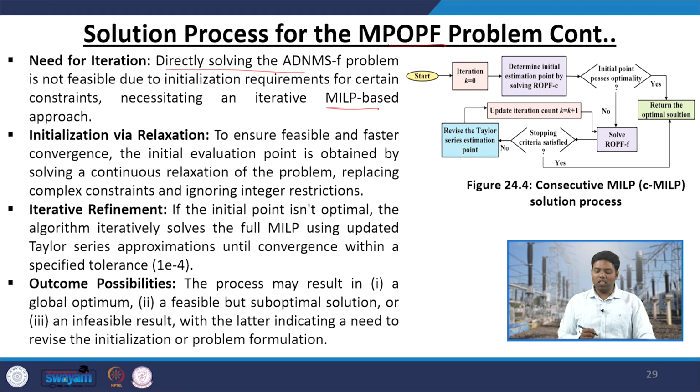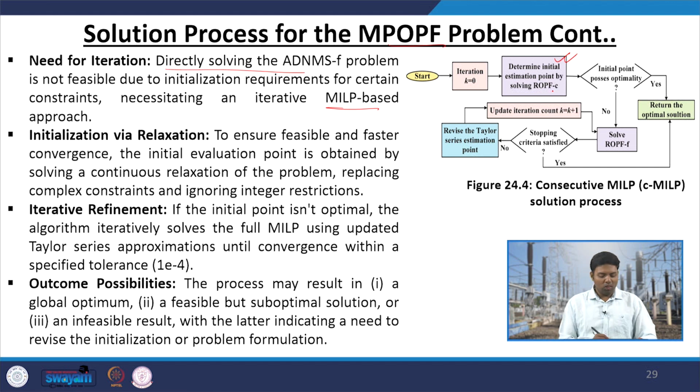So you need initial values. That initial value is taken by doing the integer relaxation. That means you relax all the integer values and solve the continuous problem with nonlinear non-convex programming and get the near optimal solution. That solution is not optimal, but it is somehow close to the optimal solution.